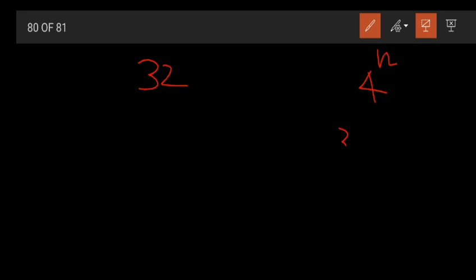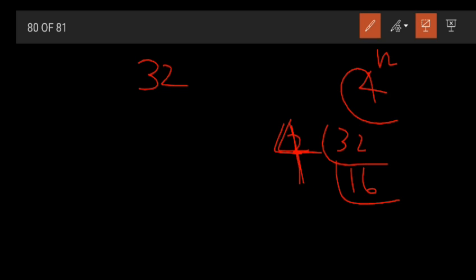Now factorize 32. With the 2 we get 16, but we have to do it with 4, since we have to express in 4 power n. 8 4s are 32: 1 8 is 8, 2 8s are 16, 3 8s are 24, 4 8s are 32.